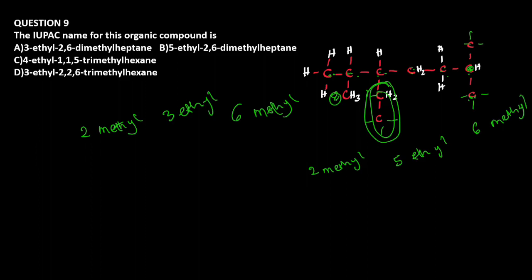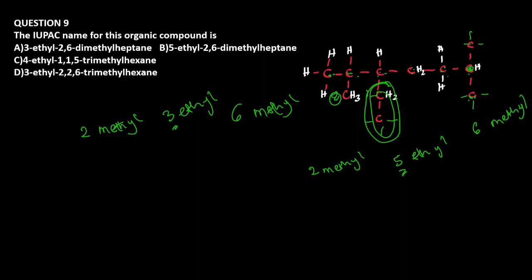Which one should we go for? The first one, right? We should go for the first one. Because look at this, 5, and look at this, 3. So we have to go for the first one.